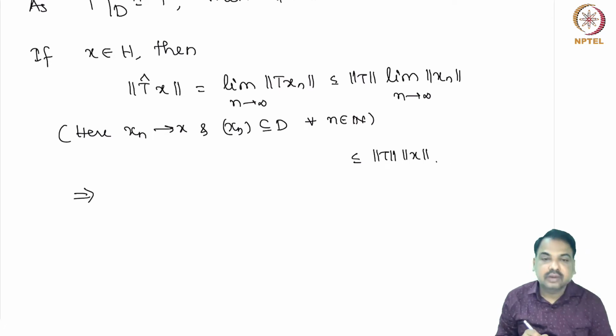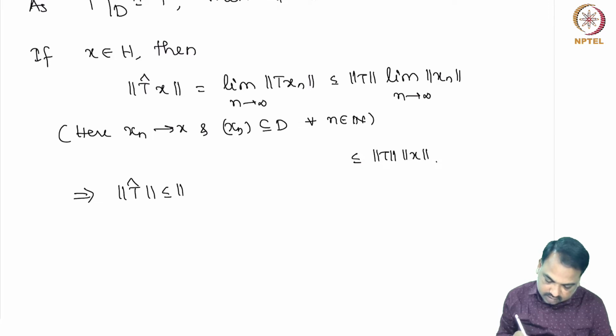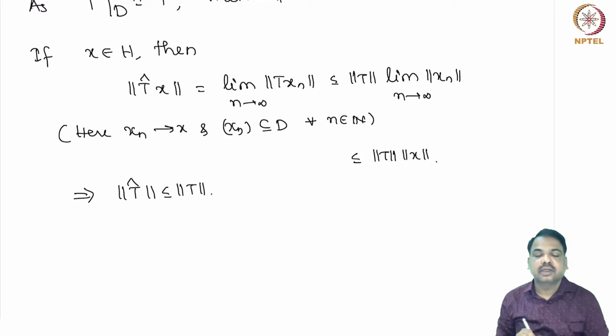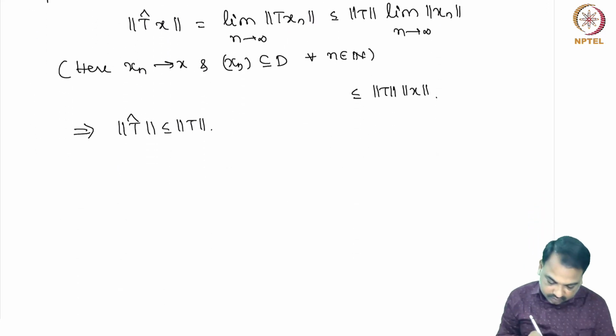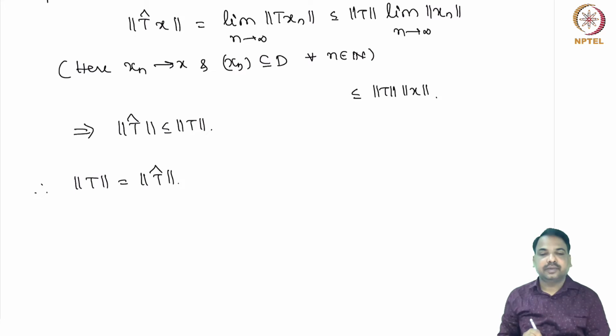From this we can conclude that the norm of T hat is always less than or equal to the norm of T. But we have shown the other way, that the norm of T is less than or equal to the norm of T hat. So hence we can say that the norm of T equals the norm of T hat.